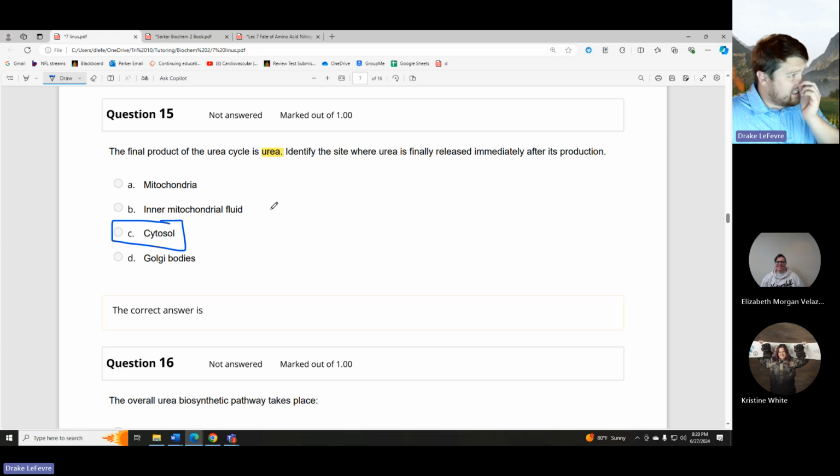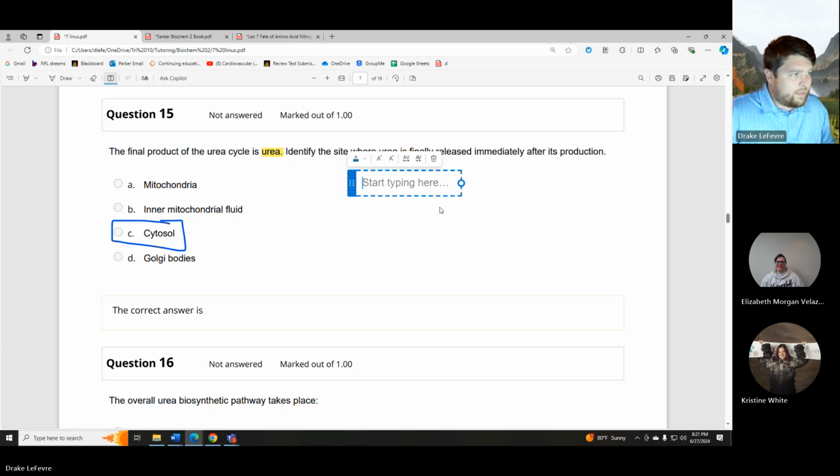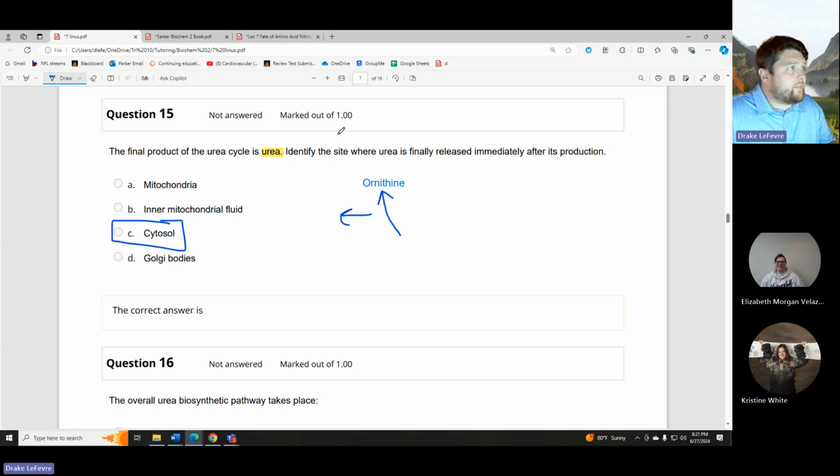The specific step where urea is created, can you remember what goes to what? This step right here.